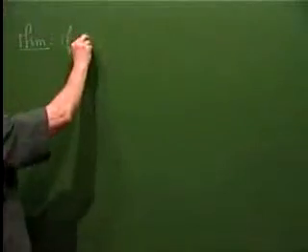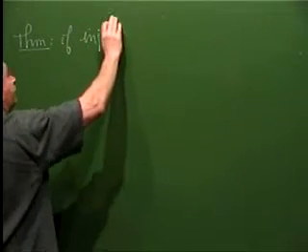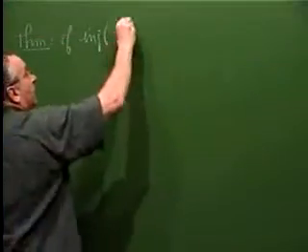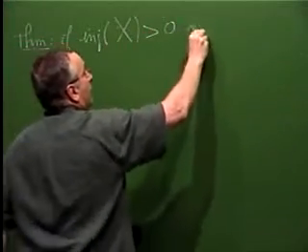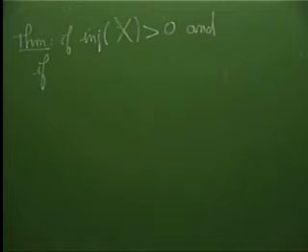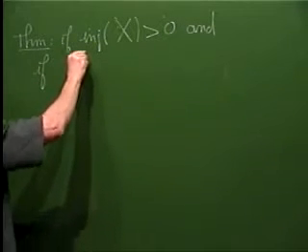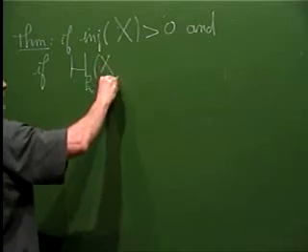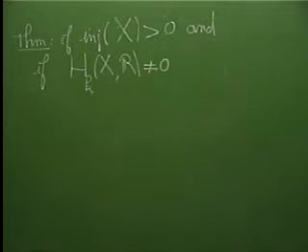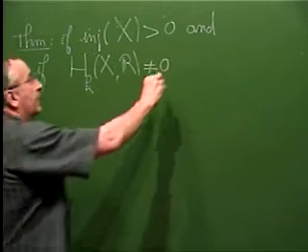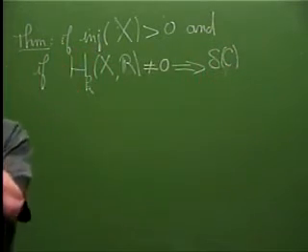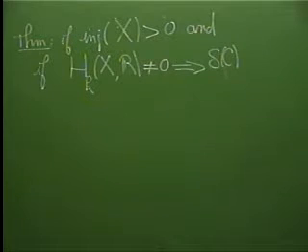If we assume that the injectivity radius of X is positive, and if we also assume that some homology group, for example H_k of X with real coefficients, is not zero, then the proof that I sketched yesterday shows that the critical exponent of this group, C, is greater or equal to k minus 1.